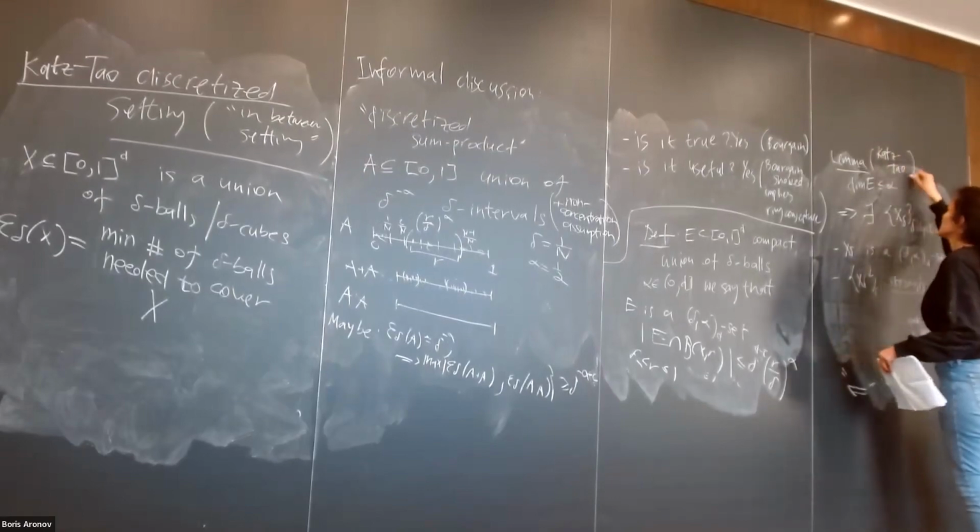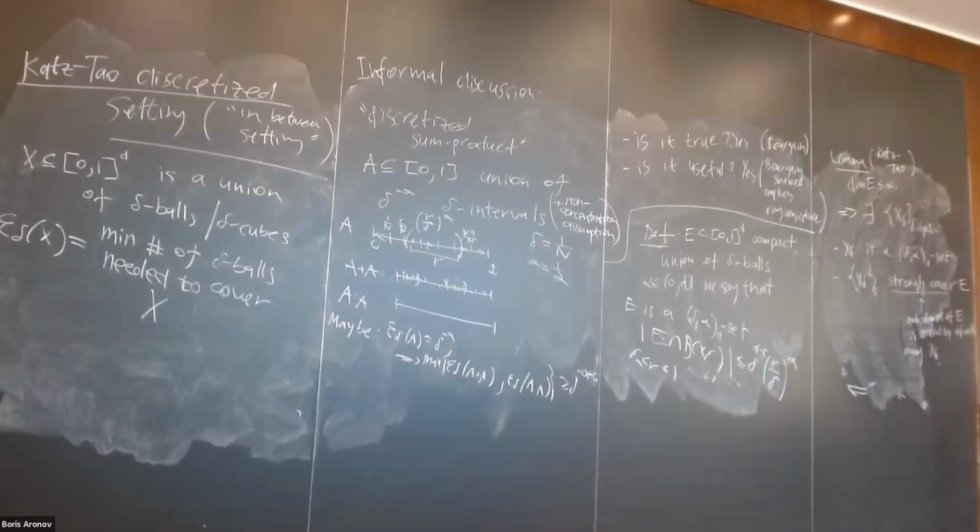In their paper, they formulated some conjectures in the discretized setting. They showed that if one proves them, they imply some of the statements in the Hausdorff-dimension setting. Any questions about it?